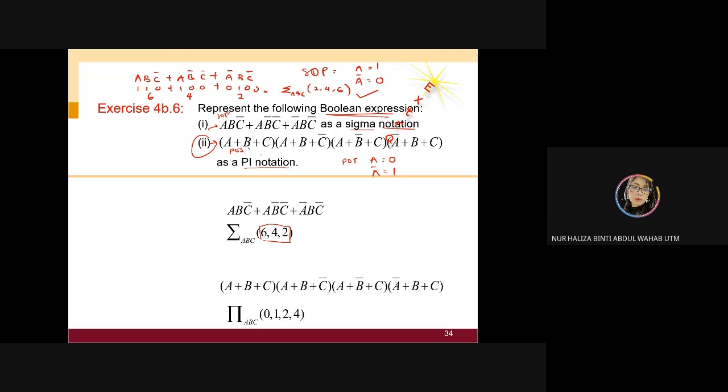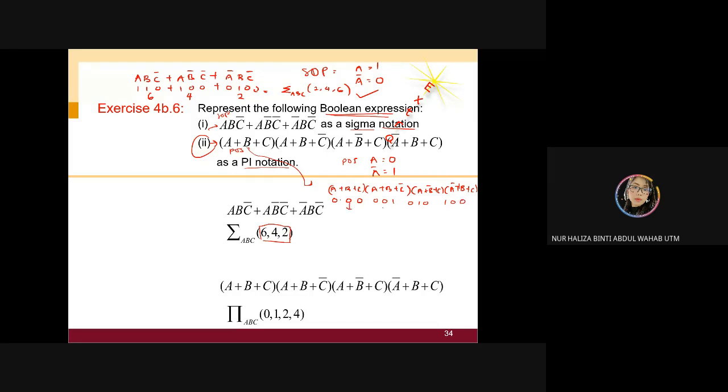So I'm going to convert it to A plus B plus C, A plus B plus C bar, A plus B bar plus C, A bar plus B plus C. From here I have 0, 0, 0, 0, 0, 1, 0, 1, 0, 1, 0, 0.